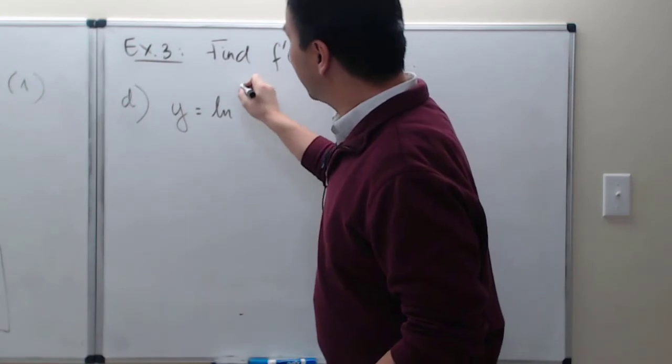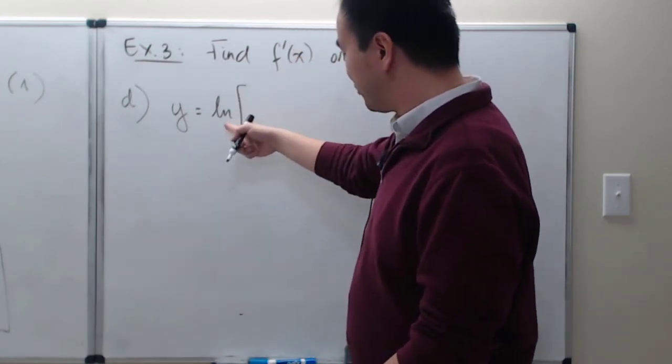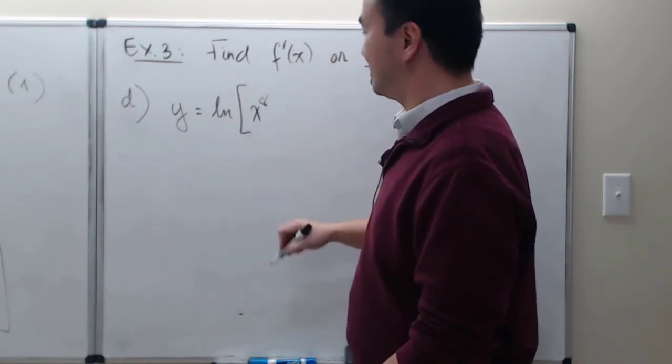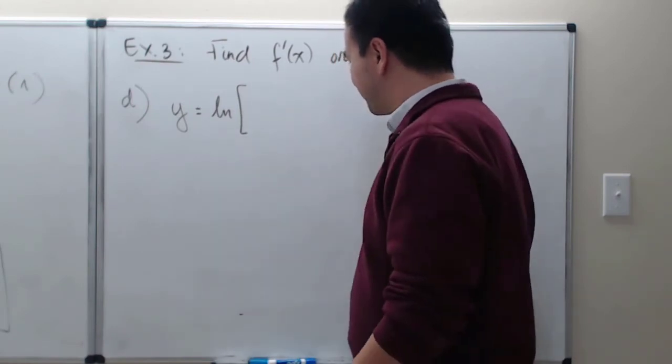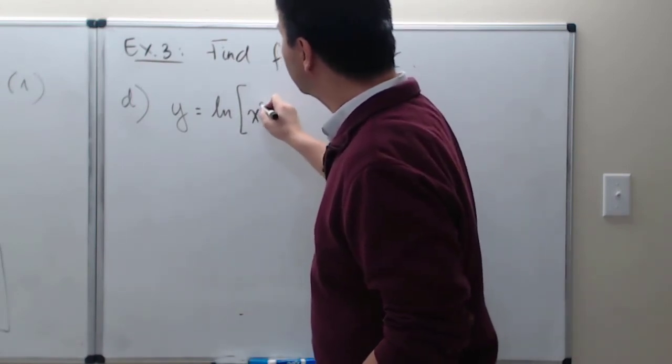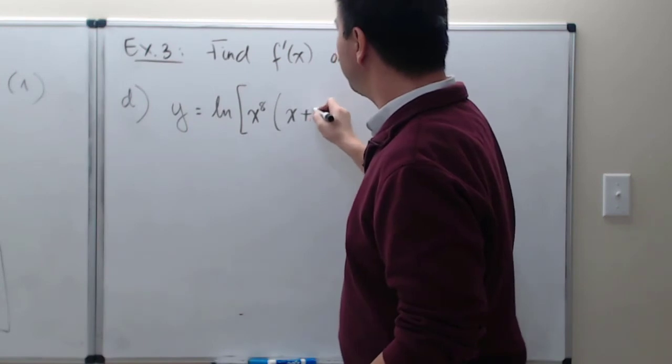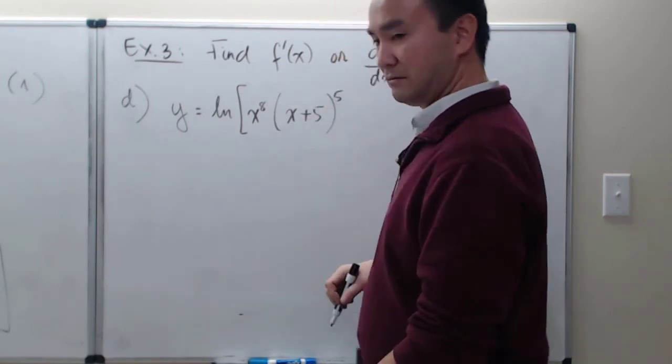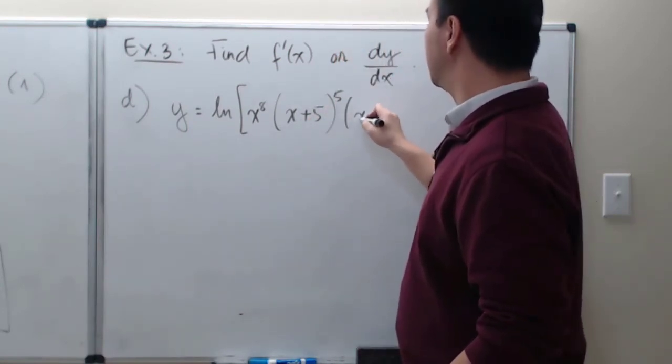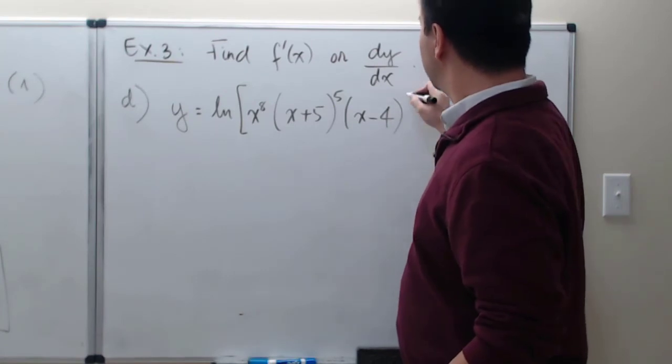But now I'm looking at the natural log of x to the 8th, in product with x plus 5 to the 5th power, in product with x minus 4 to the 7th power.